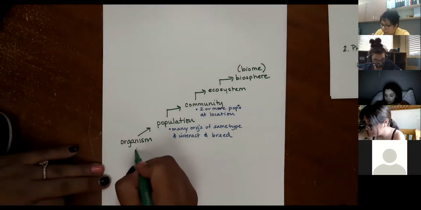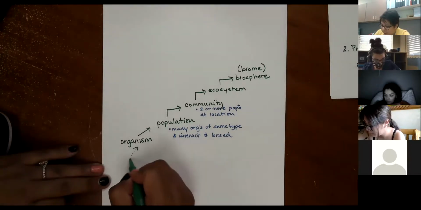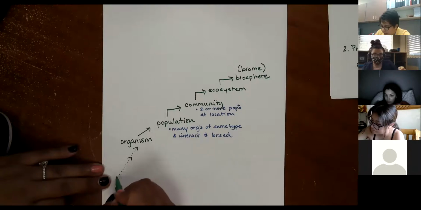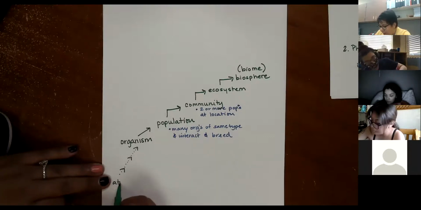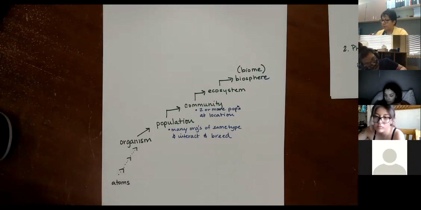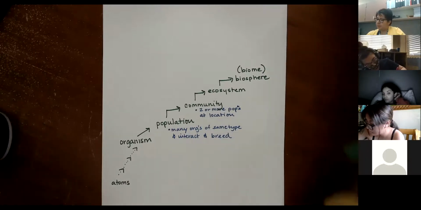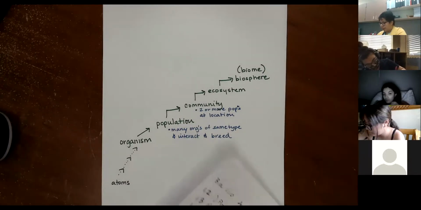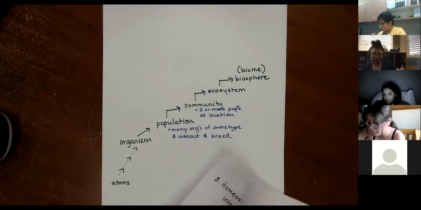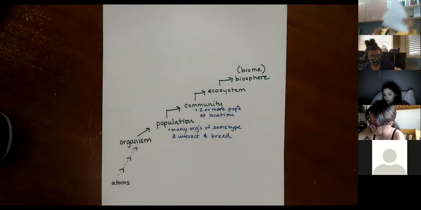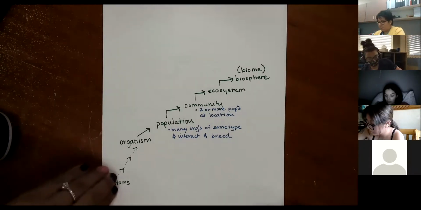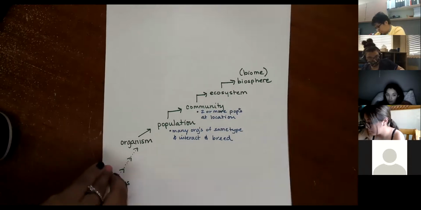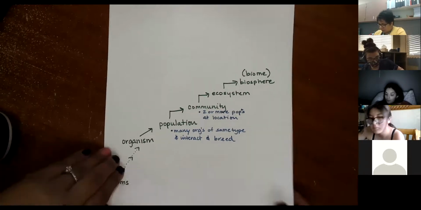So for your next quiz, be able to make up this hierarchy all the way down from atoms. I ran out of room on my paper. Where did I put it?